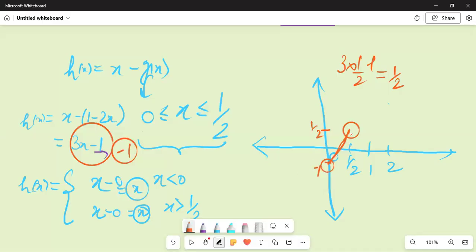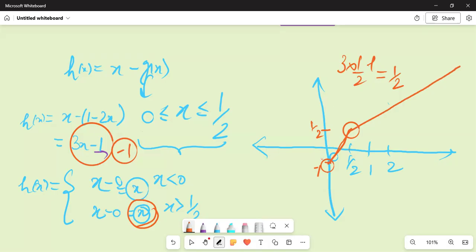And after half also, the function is x. It is the identity function, and at half also it is half. So it is just going to extend like this because it is an identity function.